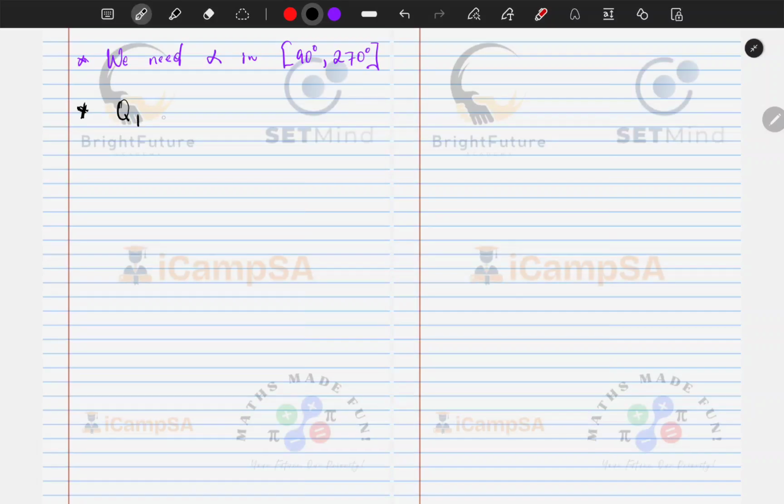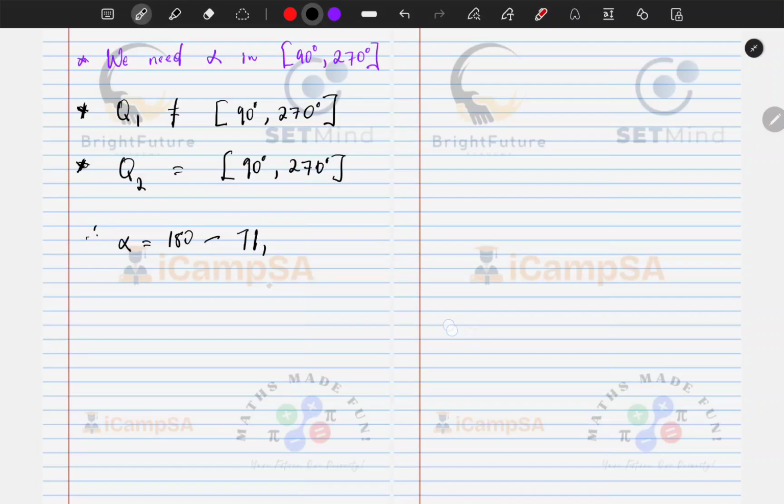It's either going to be quadrant 1, and quadrant 1 will not give us a range of 90 and 270 degrees, right? But quadrant 2 could give us a range of 90 and 270 degrees. How? Because then alpha now is going to be 180 minus the angle.